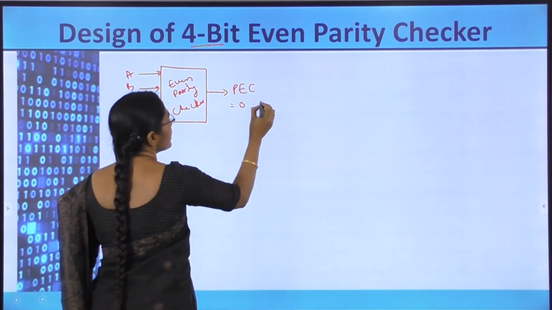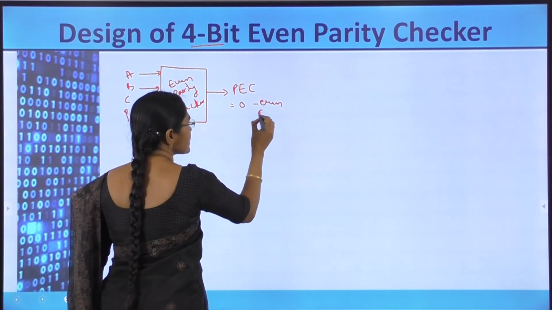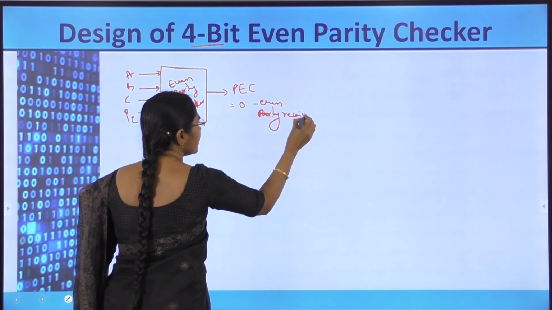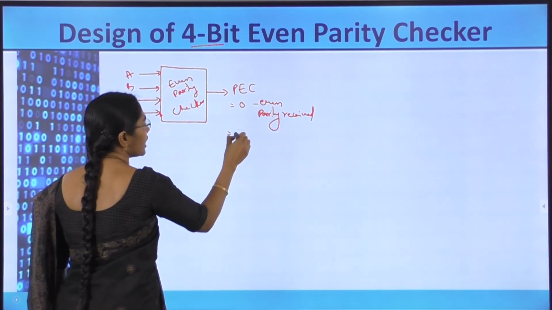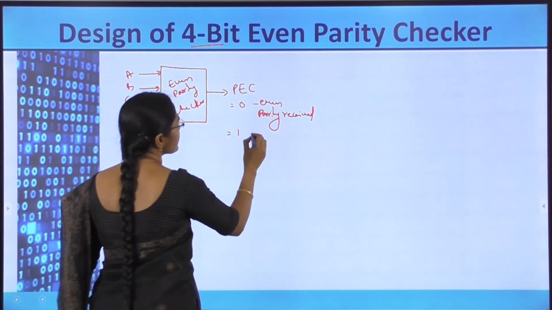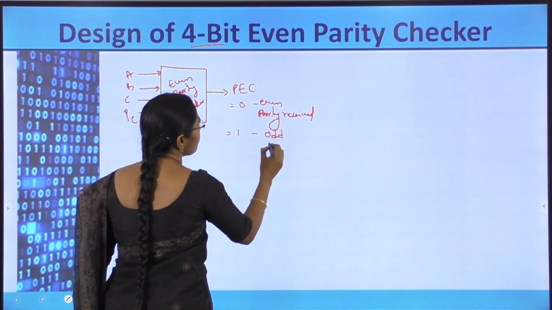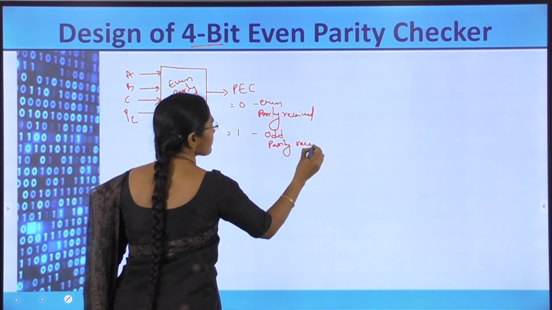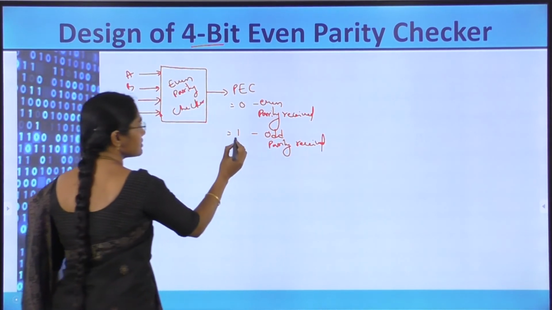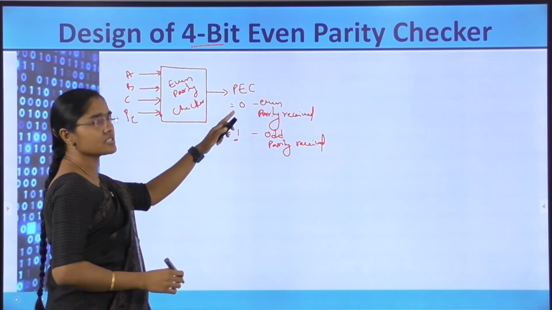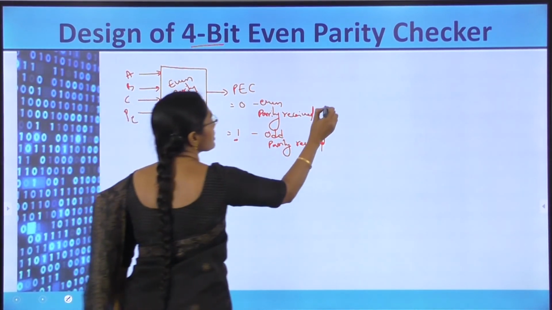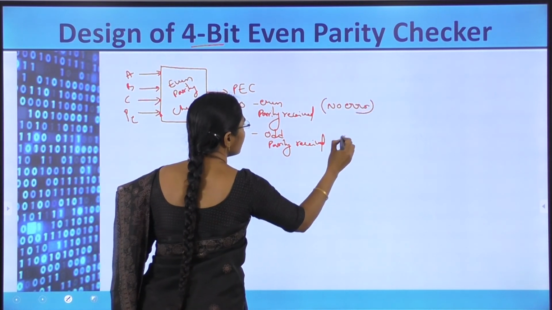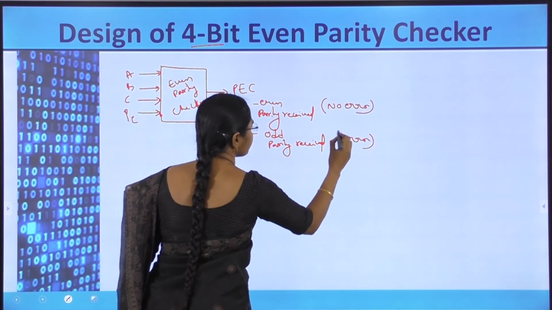That is, if even parity is received, then PEC will be 0, or if odd parity is received, then PEC will be 1. That means 1 is the error case and 0 is the no error case.